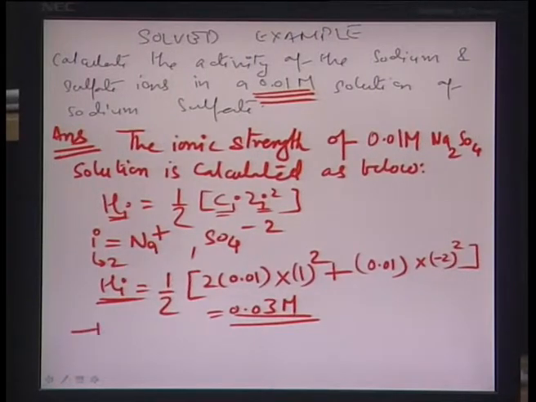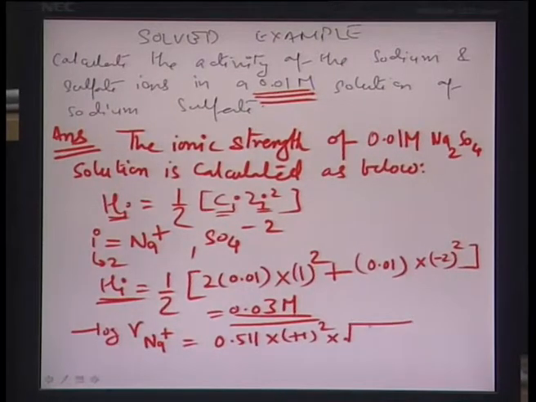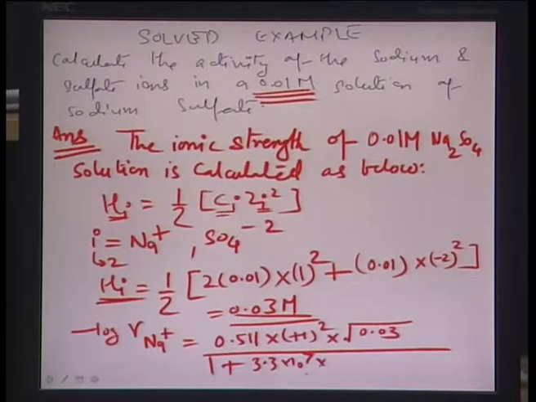You just need to calculate minus log of gamma Na plus, which would be equal to 0.511, the A term, times the square of the valency on sodium, which is +1 squared, times root mu I, where mu I is 0.03 molar, divided by 1 plus B, which in this case is 3.3 into 10 to the power of 7, times the ion size parameter of Na plus, which can be obtained from the table given before.